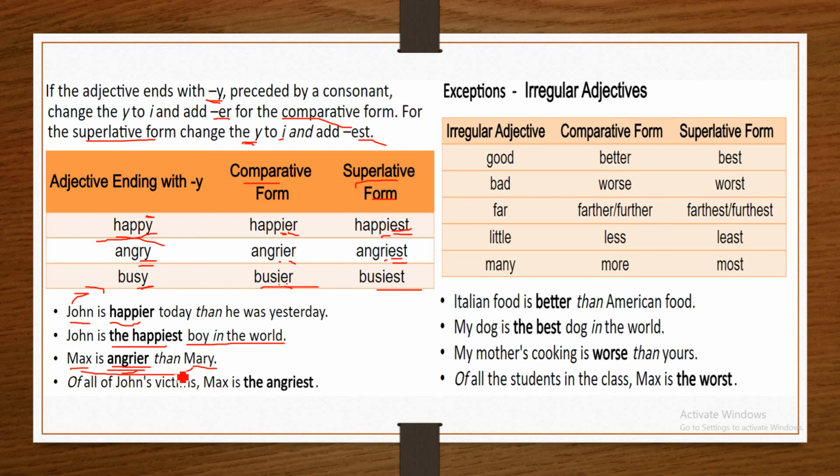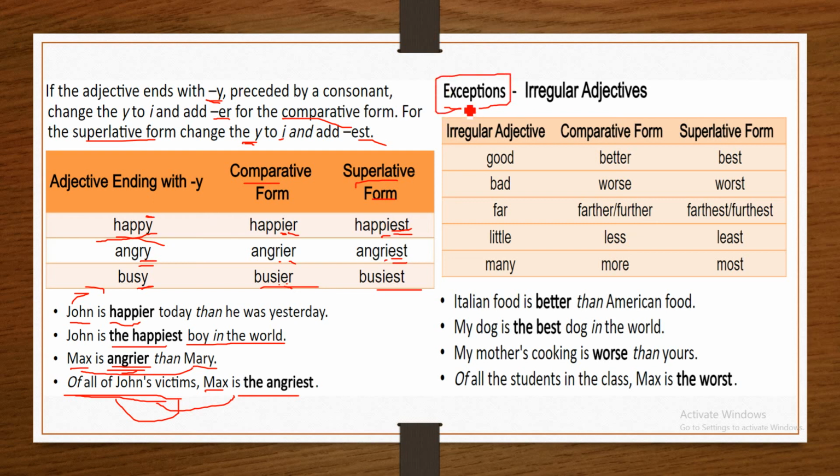Of all of John's victims, a group of victims, Max is the angriest. It is superlative because it is compared to a group.